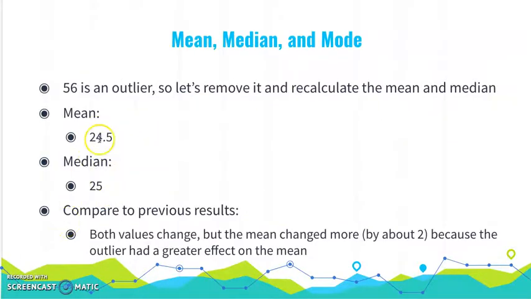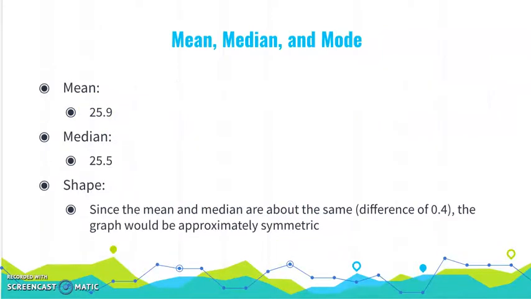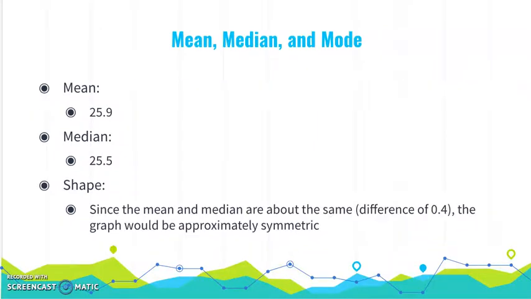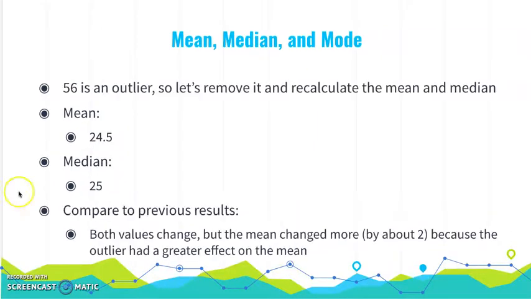So my mean and median haven't changed quite as much, so I would still probably say it's symmetric. But both values did change, but notice the mean did get affected more by the outlier. It changed from 25.9 to 24.5 versus the median only changed by 0.5.